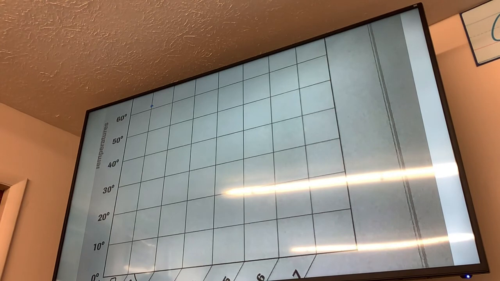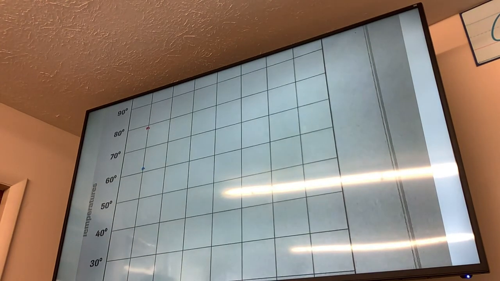Follow the line number 2 up and put it a little bit below 70, because 69 is a little bit below 70. And then the high is 81. So this time, switch to your red and go just a tiny bit above the 80.